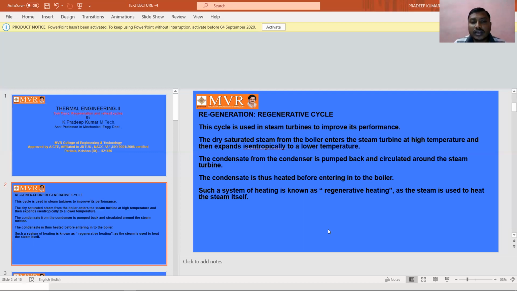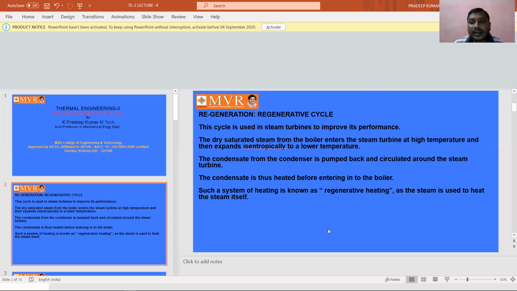But coming to the regenerative cycle, here the condensate from the condenser is pumped back and circulated around the steam turbine. Meaning the steam we have here from the condenser is again sent to the turbine. We are not directly entering this condensed steam into the pump.